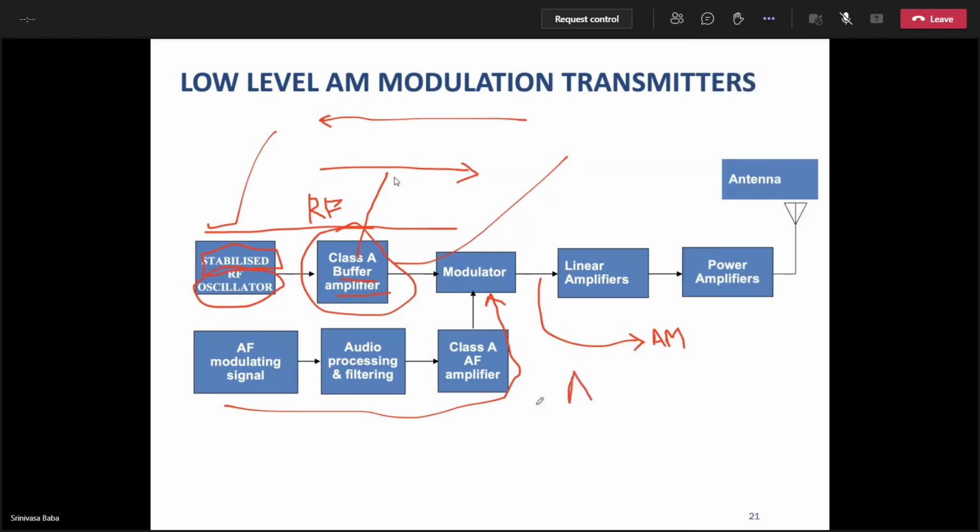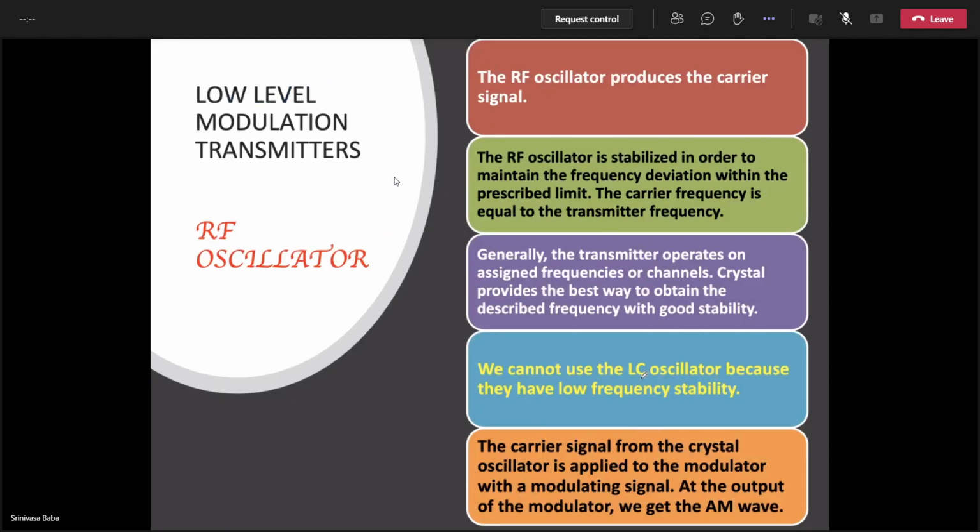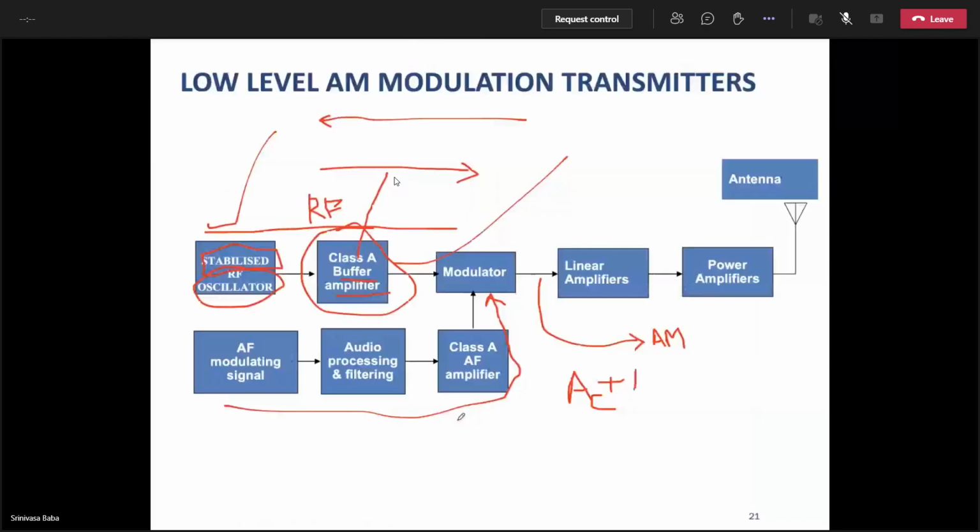I don't know whether you remember all these things or not. Okay, note down. It is AC plus AM cos omega mt within the brackets, multiplied by cos omega ct.